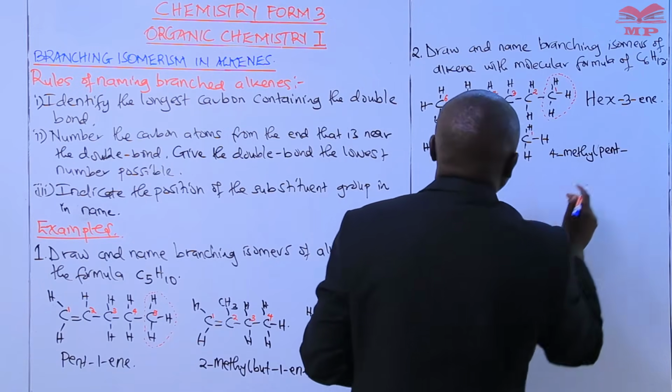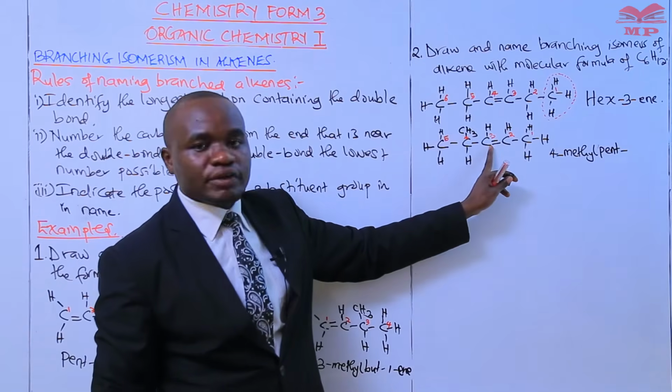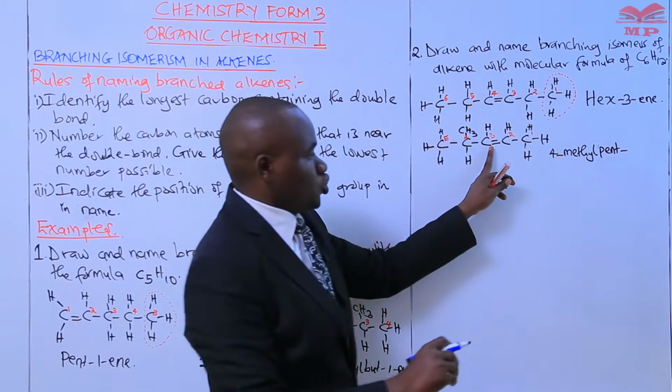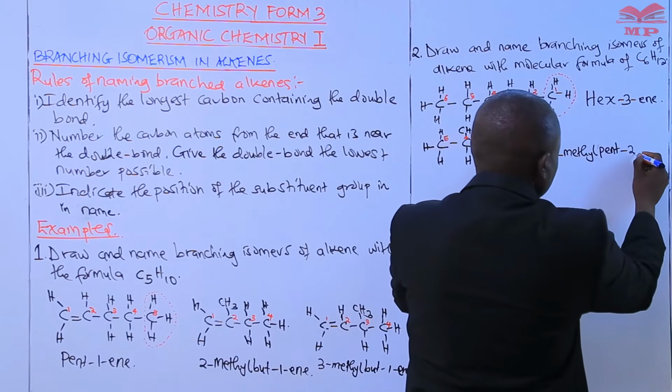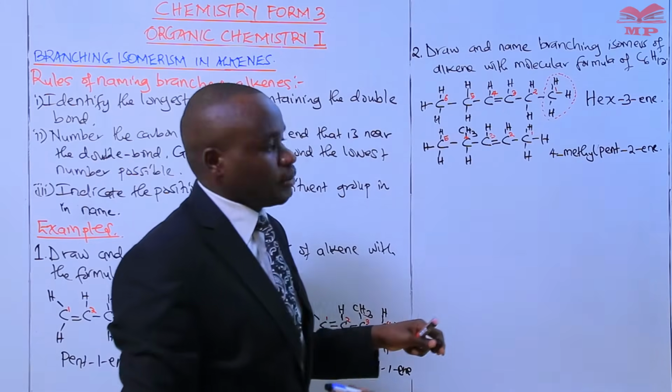Pent means 5. Now, the double bond is between carbon 2 and carbon 3, so we pick the lowest number, which is 2. So this will be pent-2-ene, like that. So that is the correct name.